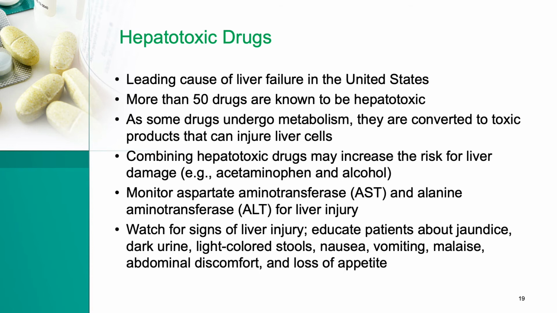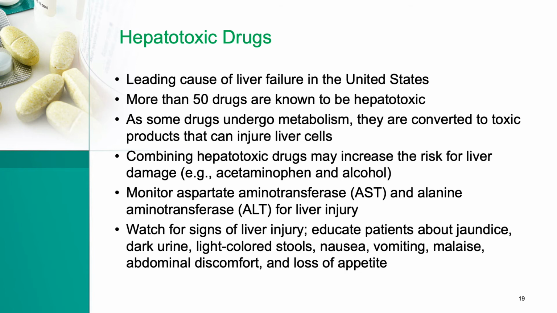Hepatotoxic drugs are a leading cause of liver failure in the United States. More than 50 drugs are known to be hepatotoxic. As some drugs undergo metabolism, they are converted to toxic products that can injure liver cells. Combining hepatotoxic drugs may increase the risk for liver damage, for example, acetaminophen and alcohol. We usually do baseline liver function tests prior to initiating a hepatotoxic drug.